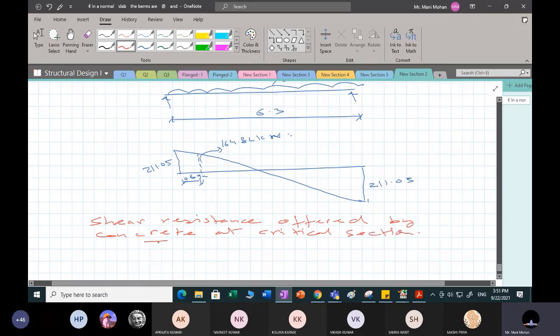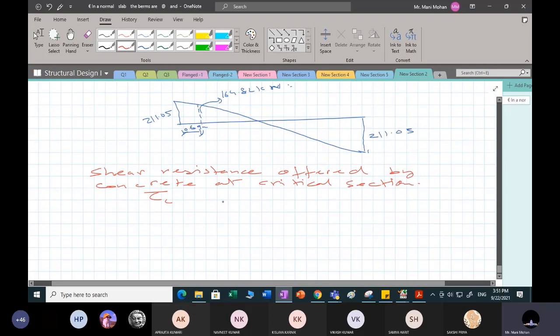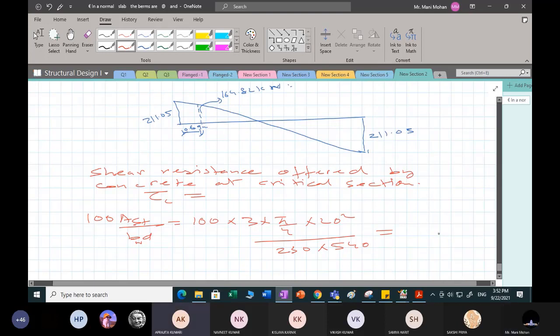That is tau c, and it comes from your 100 AST by BD, the percentage tension reinforcement. So how much will it be? 100 into 3 into pi by 4 into 20 square divided by B, where B is your width of web. Width of web is 230 and D is 540. So how much is this percentage tension reinforcement?